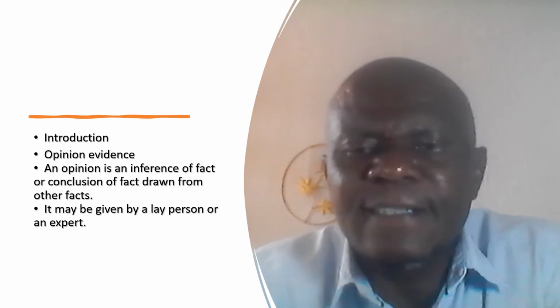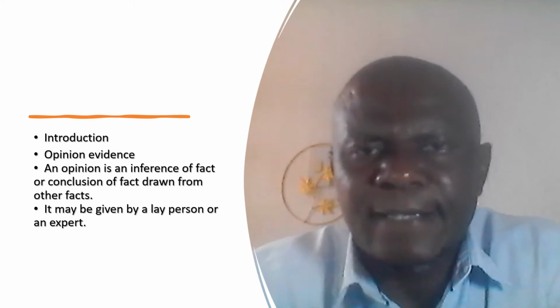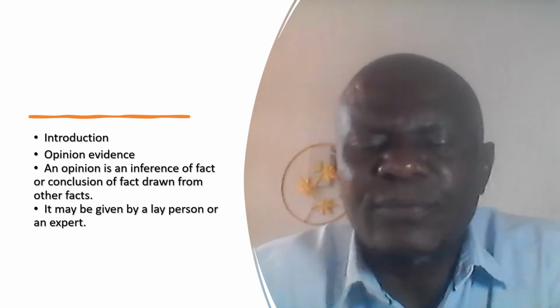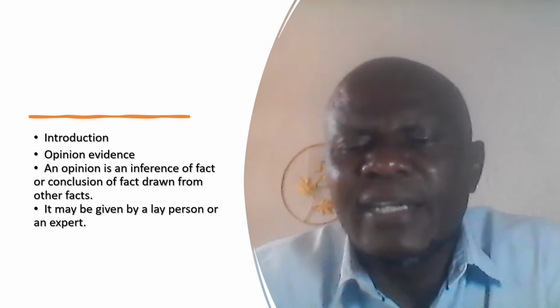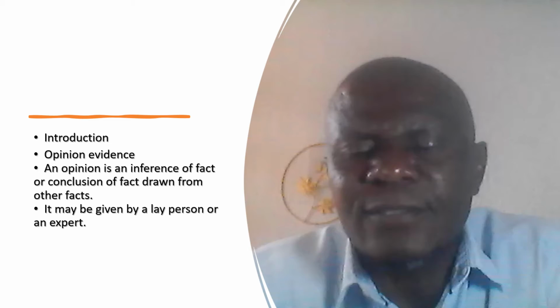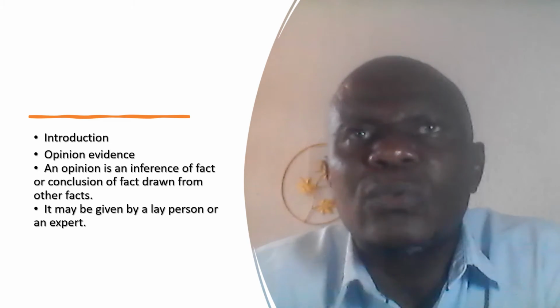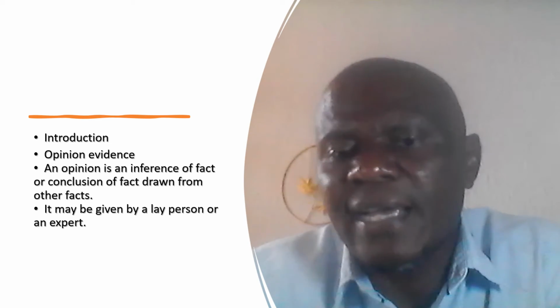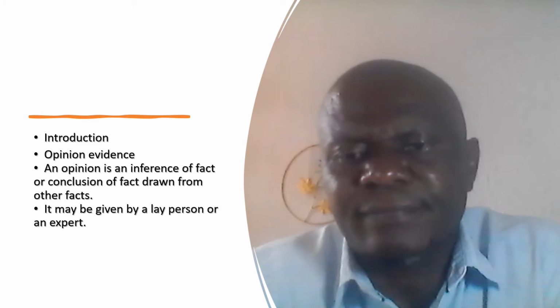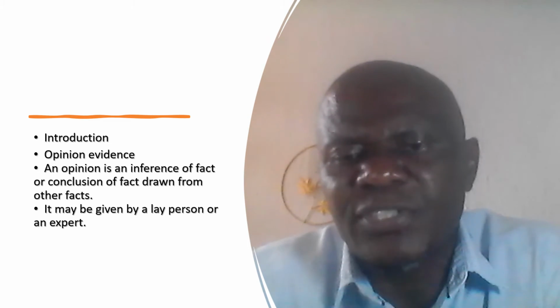Now, when you look at the statements that witness Z makes, she tells us that driver A drove through a red traffic light. I think that's a fact. She's giving us her own observation.